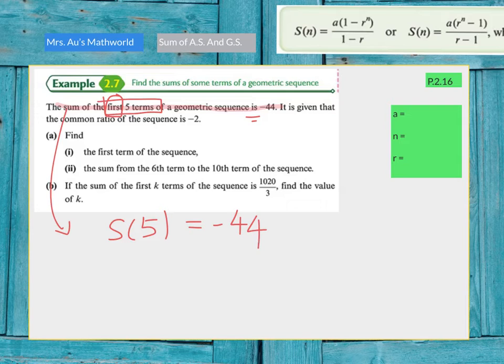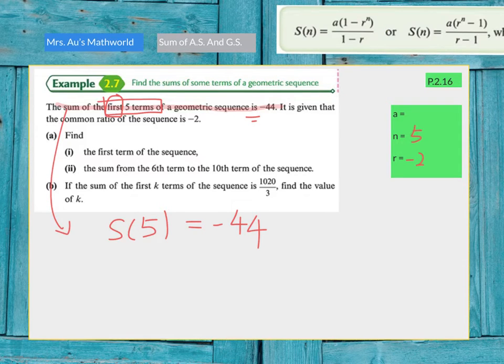A geometric sequence means we can use the formula for this section. That means we know n equals 5, and the common ratio is given as negative 2. As we know the sum and we know n and r, we can just substitute into the formula to find the value of a.